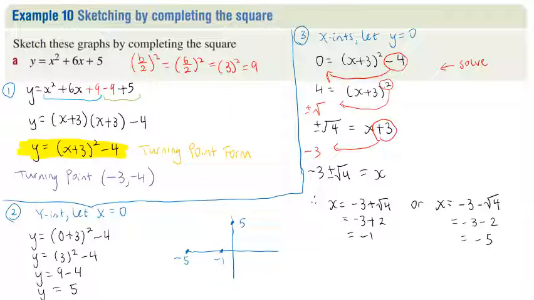And my turning point is at negative 3, negative 4. And then my last thing I need to do is just join them with a smooth line like this. There we go. So that's step number 4, draw the parabola.